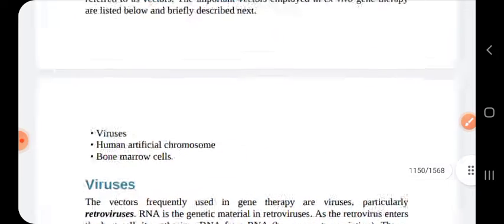Okay, so an example has to be given now. This has not been mentioned here. So, retrovirus in gene therapy. Now I will try to draw a genetic map in this figure, showing how it is used.